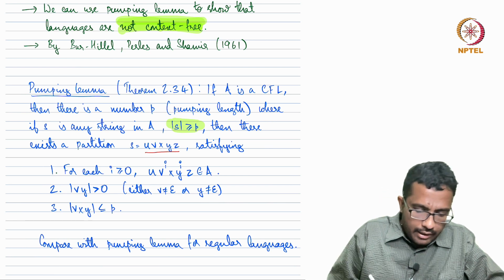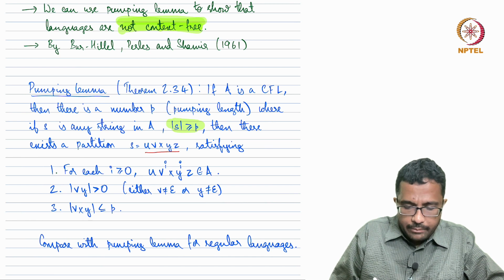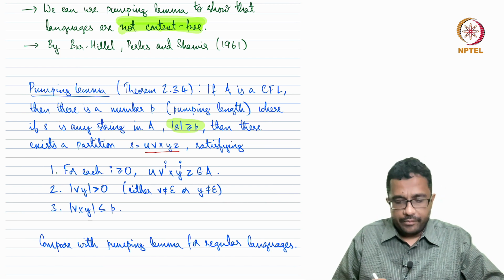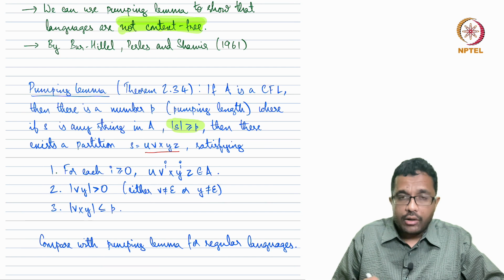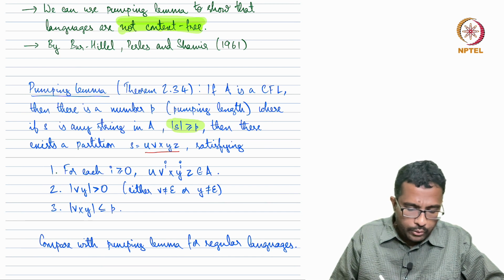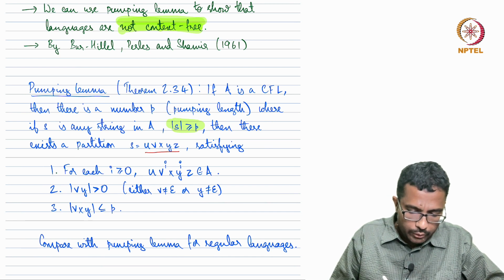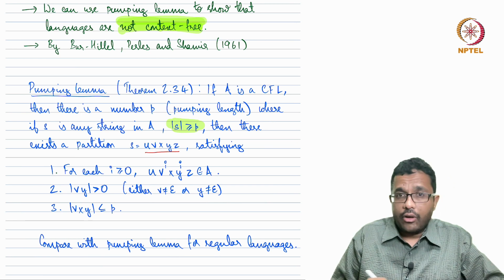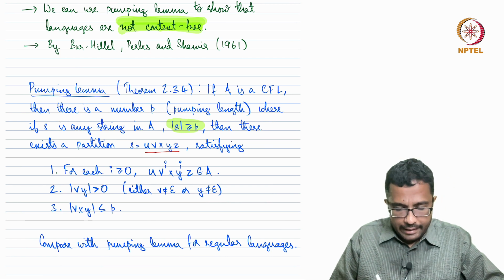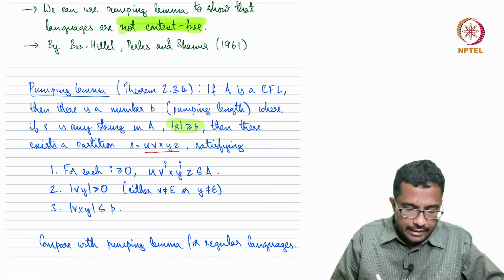Condition 1 is that U, V power I, X, Y power I, Z is in A, for all I. Condition 2 is that the length of VY, not VX or XY, it is VY, is strictly greater than 0.